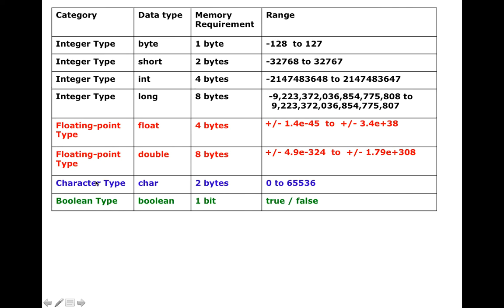Now as far as character is concerned, you have only one data type, char. Okay, this is the memory requirement, this is the range. Now let's turn our attention to a very important data type called Boolean. Have a quick look at its memory requirement and range. See it carefully.